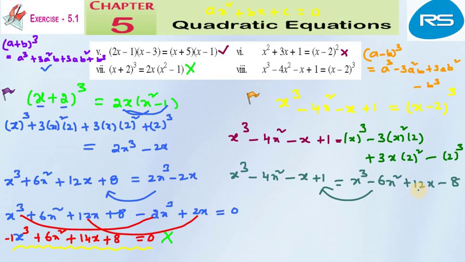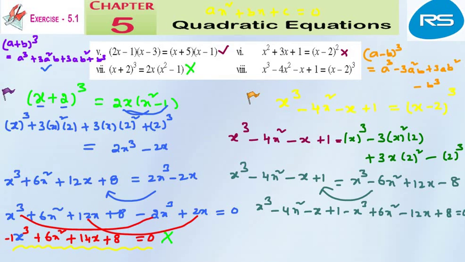If I transpose all the terms to one side, you will get x cube minus 4x square minus x plus 1, plus x cube becomes minus x cube, and minus 6x square becomes plus 6x square, and minus 12x plus 8 is equal to 0.